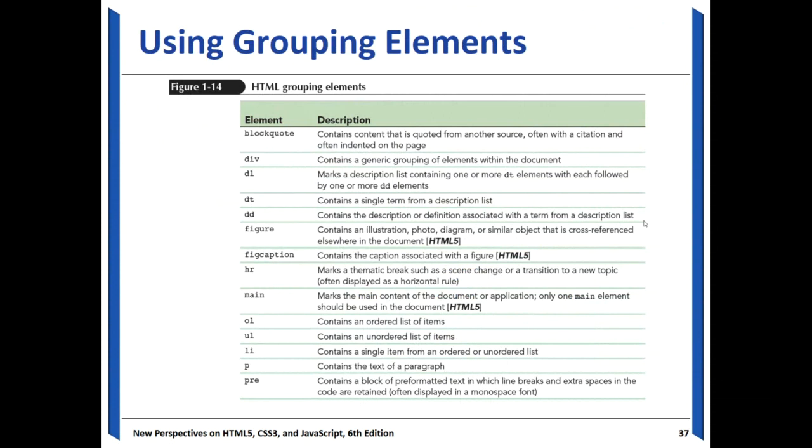We also look at some grouping elements. I'm not going to go through this list completely. A couple things in here. The div, it's a generic grouping element within the document. HR is going to make a black line. It's a horizontal rule.